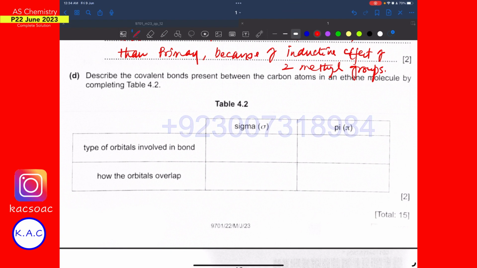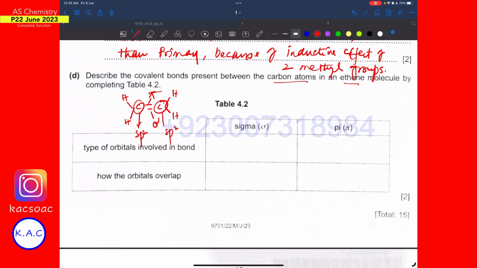Question D. Describe the covalent bond present between the carbon atoms in an ethene molecule by completing table 4.2. This is the structure of ethene. Here is the pi bond, and another one is the sigma bond. This carbon is sp2 hybrid, and this carbon is also sp2 hybrid.